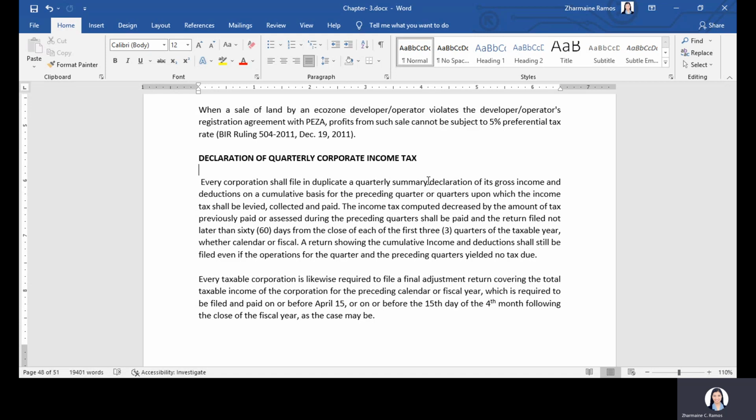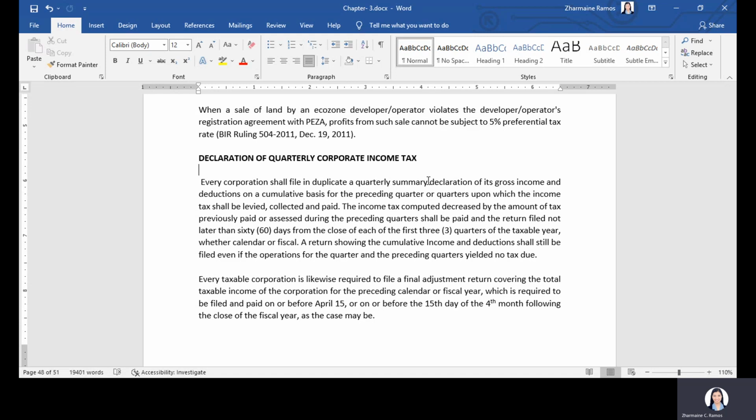So, yung 2020 mo, January to December, quarterly, nagfa-file ka at nagbabayad ka ng tax 60 days after ng close ng quarter. Pero, pagdating ng the following year, if-finalize mo ngayon yung income tax mo. So, magkano ba talaga dapat yung naging income tax mo for 2020?